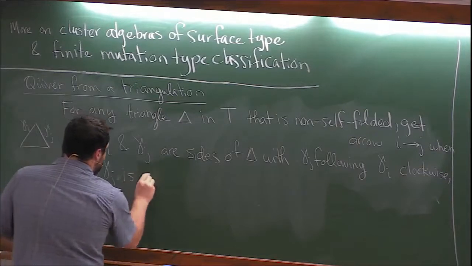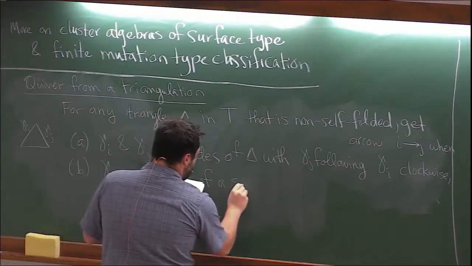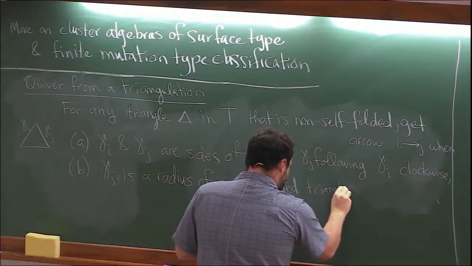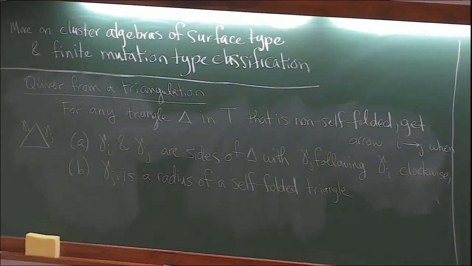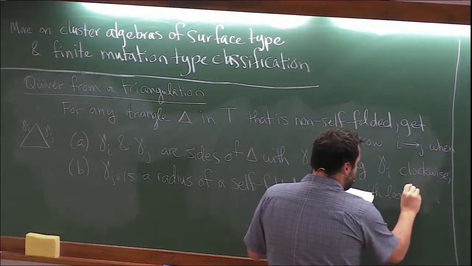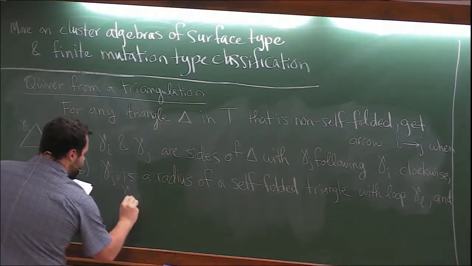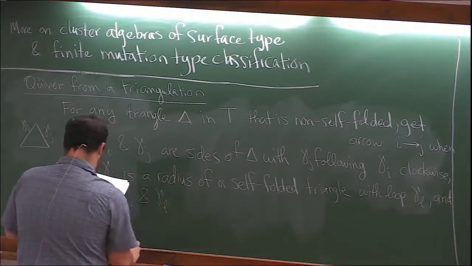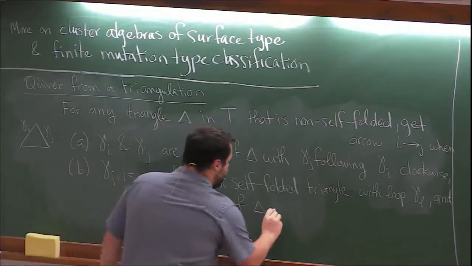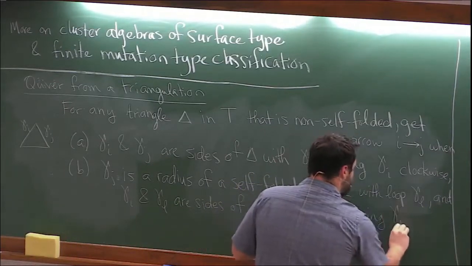So say gamma j is a radius, as defined over there, of a self-folded triangle, and I have to try to not draw the symbol for triangle here, because I don't necessarily mean that triangle, with loop gamma L, and gamma i and gamma L are sides of my non-self-folded triangle, with gamma L following gamma i clockwise.